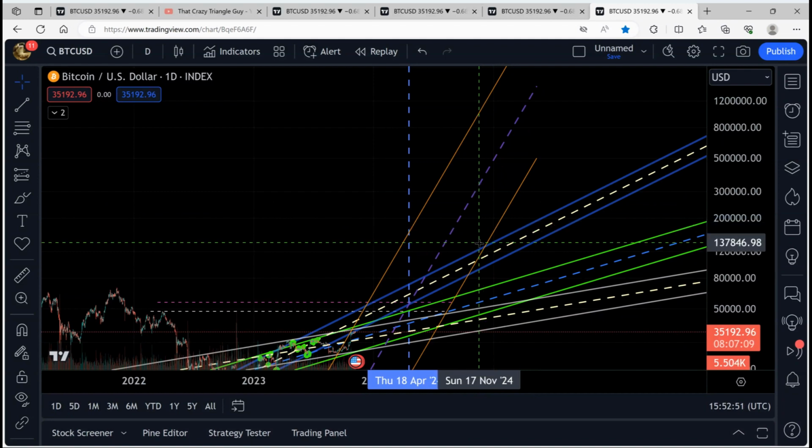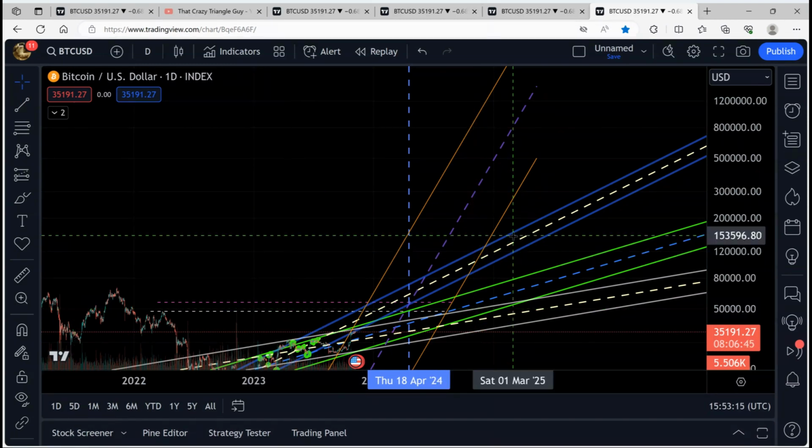Here. So our blue channel in November of 24 was about 125,000. That's not very high. So, but I think we get a double top.